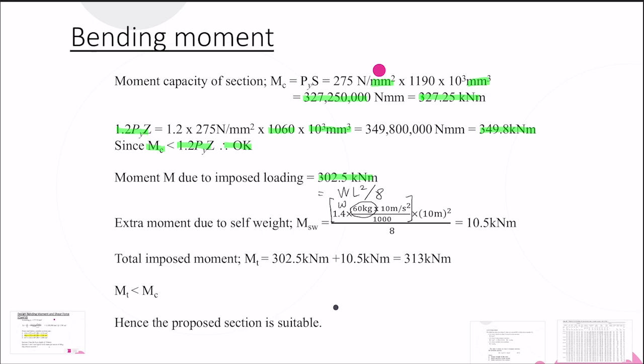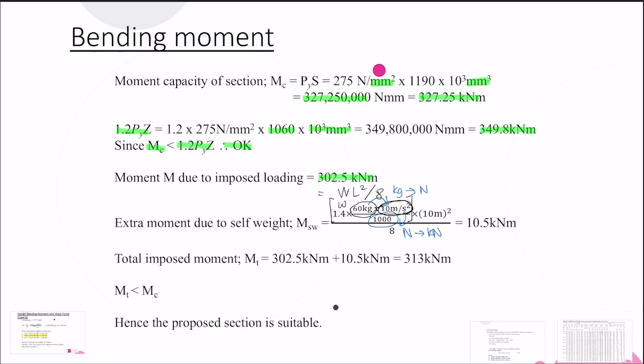Dia bukan weight, dia adalah mass. So kita kena darabkan dengan gravity acceleration, which is 10 meter per second power of 2. Bila kita darabkan dengan ini, means that kita nak tukar daripada kilogram pergi ke Newton. Kita bahagikan pula dengan 1000 sebab kita nak tukar Newton ke kilonewton.